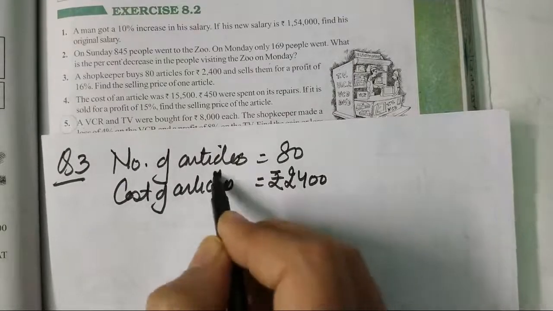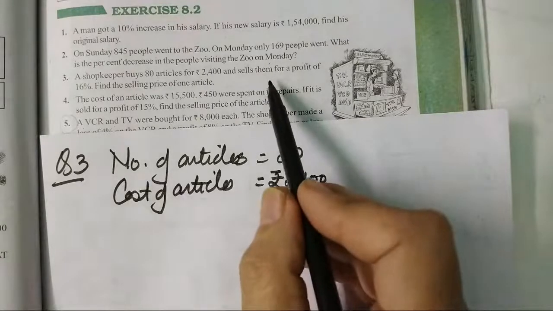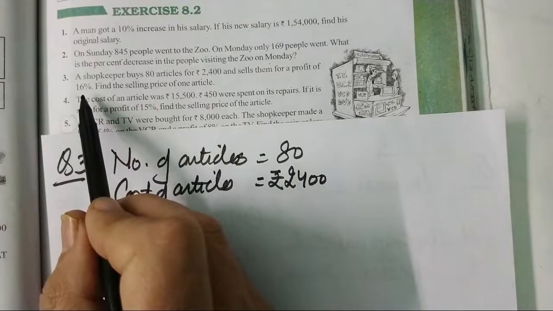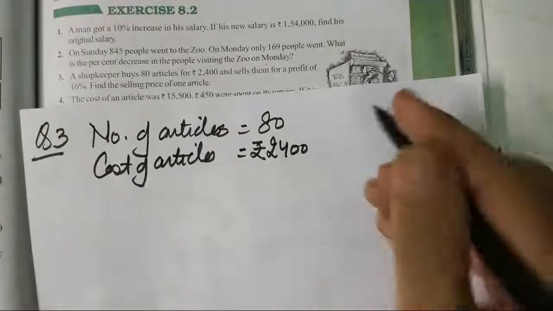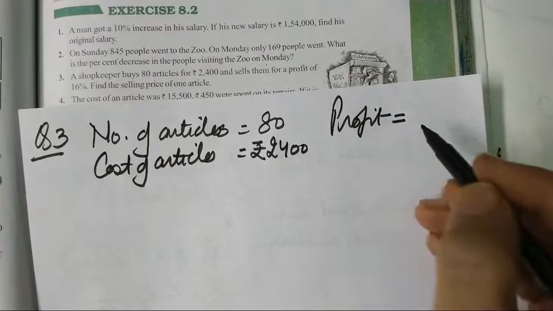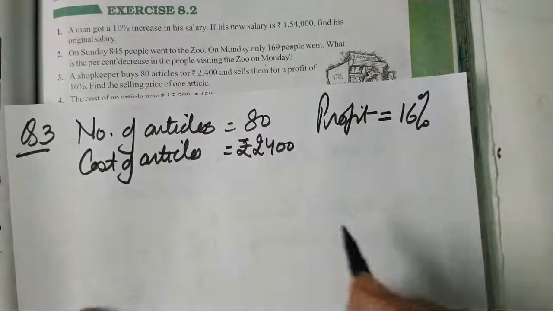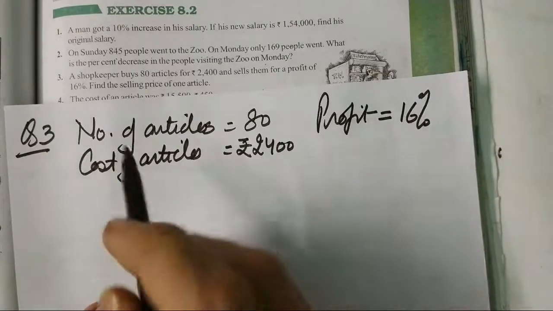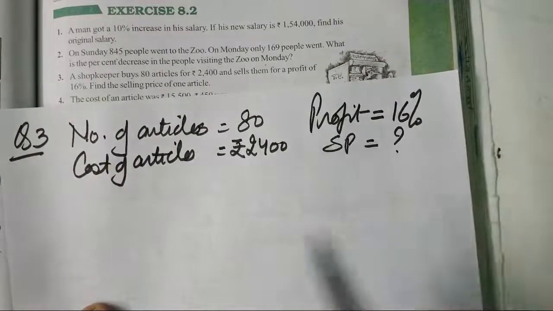He has bought 80 things for rupees 2400, and then he sells them for a profit of 16%. So profit is a word which everyone understands, that when you have spent money in buying something, after that you are selling it for more, that is called the profit. You have to find the selling price of the article.